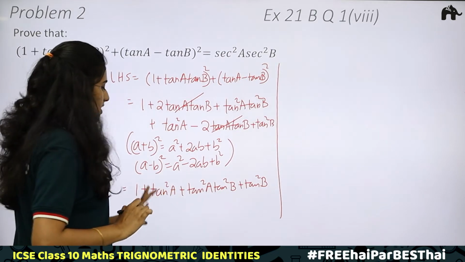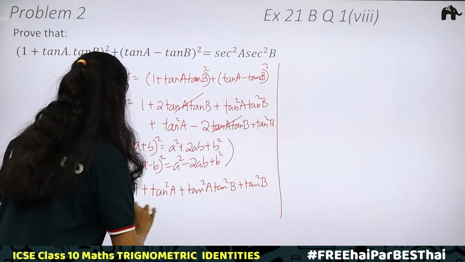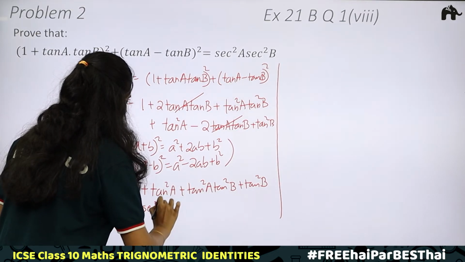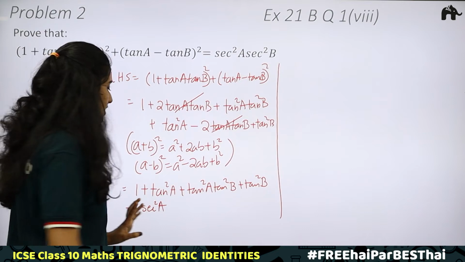We have studied an identity: sec square A is equal to 1 + tan square A. Therefore here we get sec square A. This is how we can relate tan and sec.